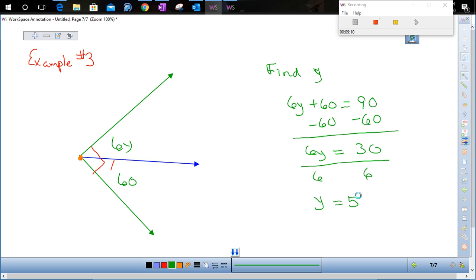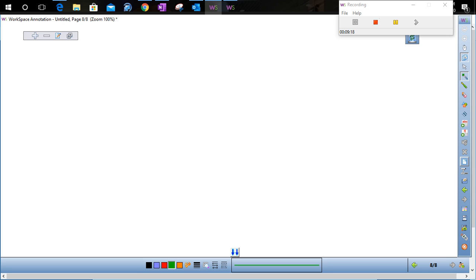Okay, so that wraps up our notes for today. The assignment that you are going to be working on after you have taken these notes is found on Canvas. You can go to Canvas to find the assignment.